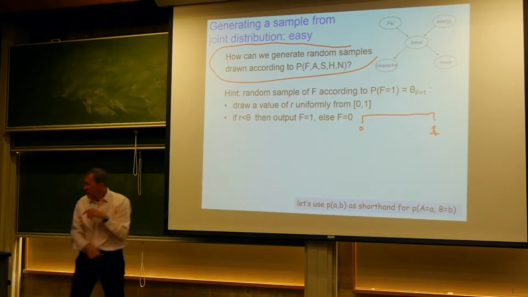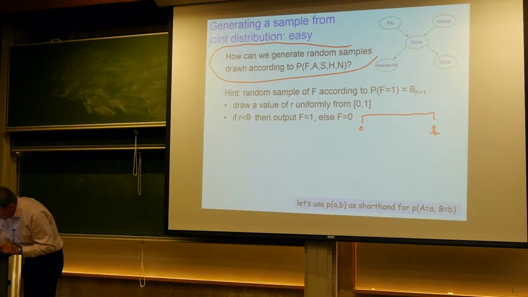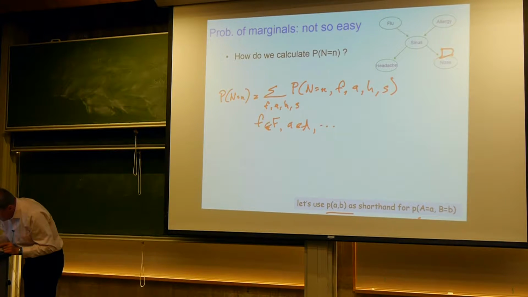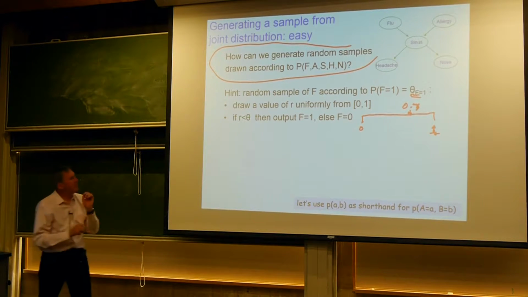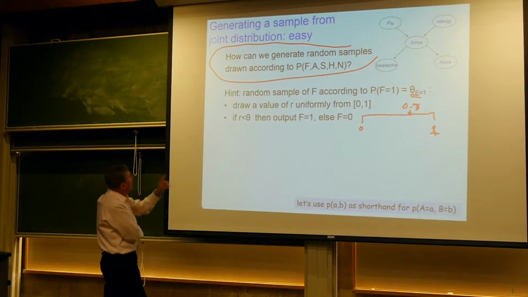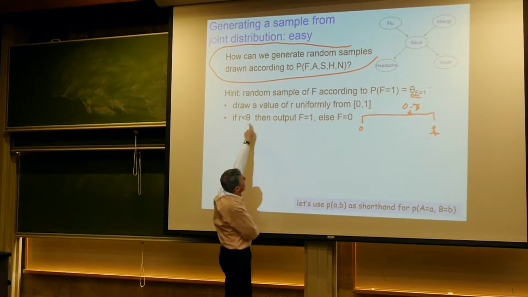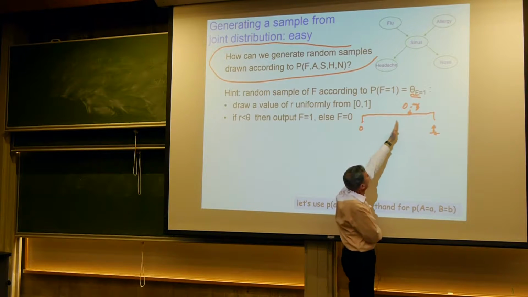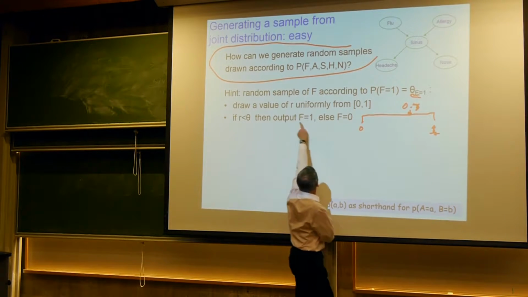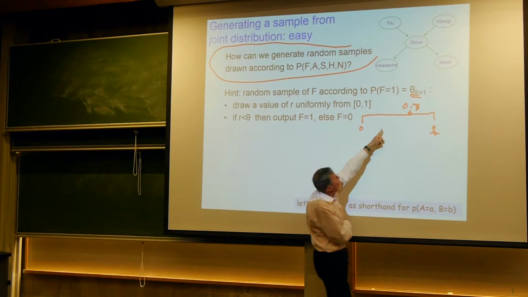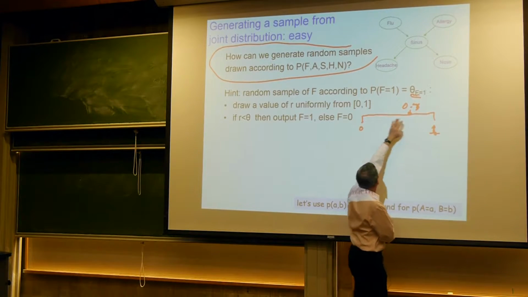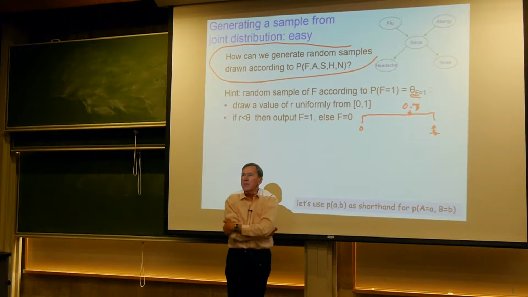Suppose, for example, that theta is 0.7. Then if I draw an r and it happens to be less than theta, I'm going to say f is 1. But if I get an r which is above theta, then I'm going to generate f equals 0.